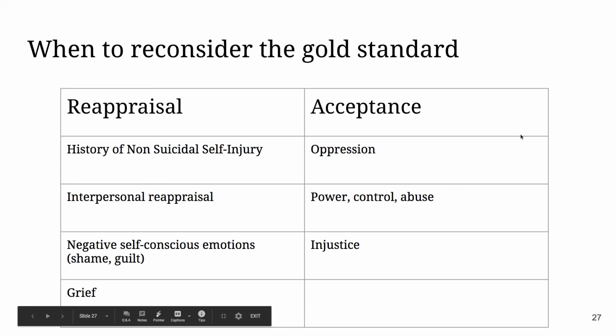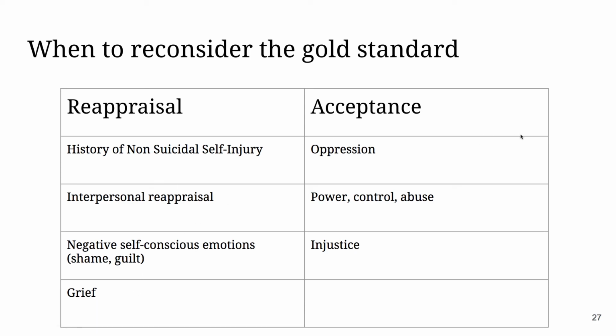And with acceptance, we want to be really careful what we use acceptance on. When a client comes to me, I'm never, ever wanting to accept experiences of oppression, like racism or sexism, and going, oh well, this happens, it's a part of the world. No, we're never going to sit and accept that. I'm not going to accept power, control, abuse, or any sort of injustice.